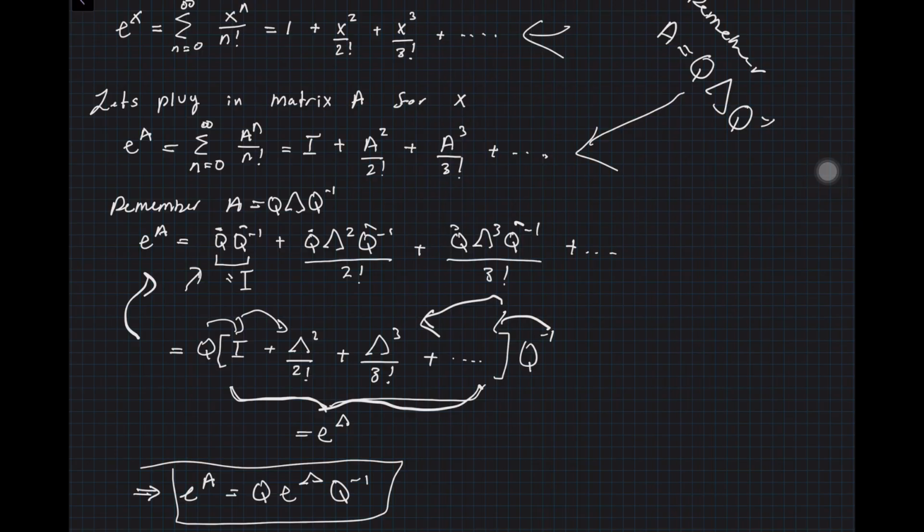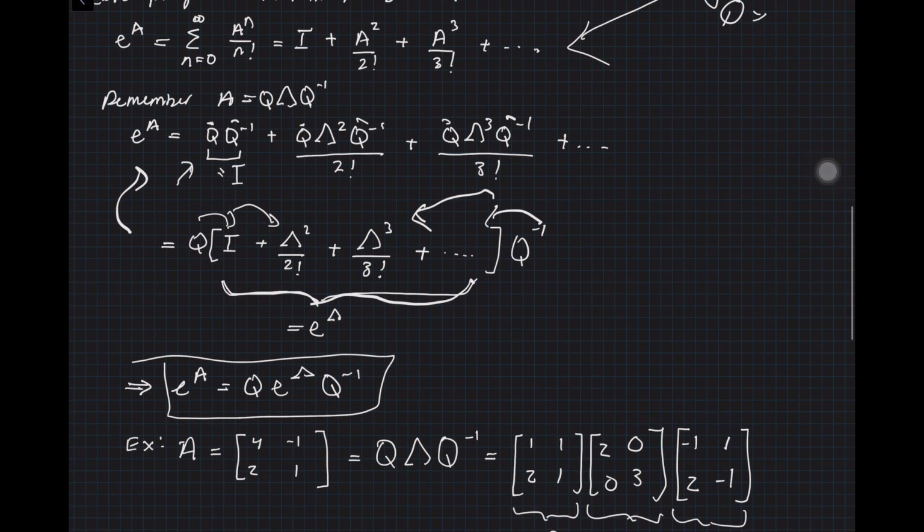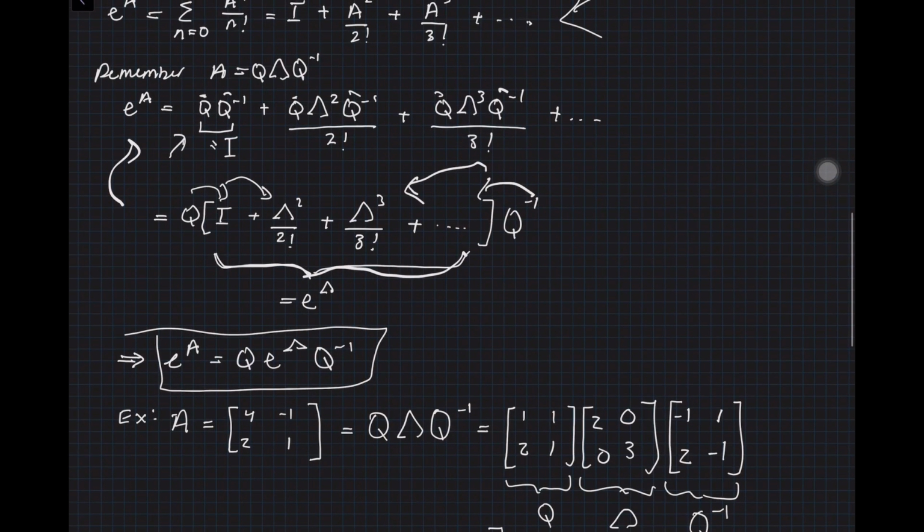Okay, so maybe the theory is a little bit confusing, but let's have an example right here. In our previous video, we had that matrix A followed this. We did eigen-decomposition and we found out what our Q and our capital lambda are. So now we're interested in finding the matrix exponential of matrix A. We already know what Q is and what Q inverse is.